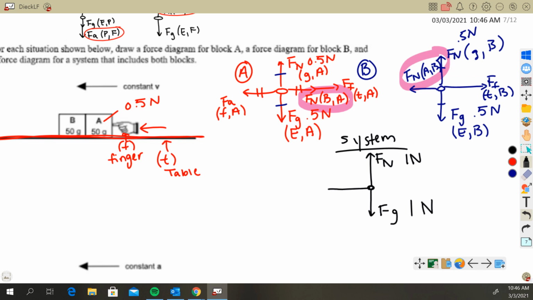We're going to have an applied force to the left and a force of friction to the right. They're going to be the same length because as a system, it's moving at a constant velocity. Does that make sense?